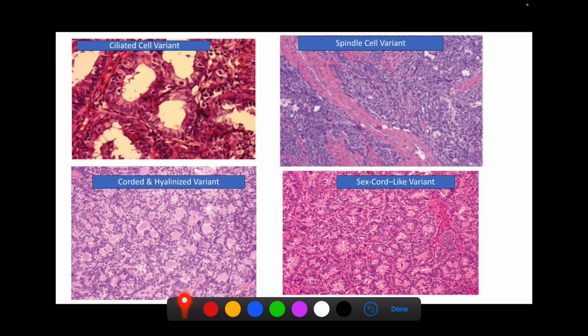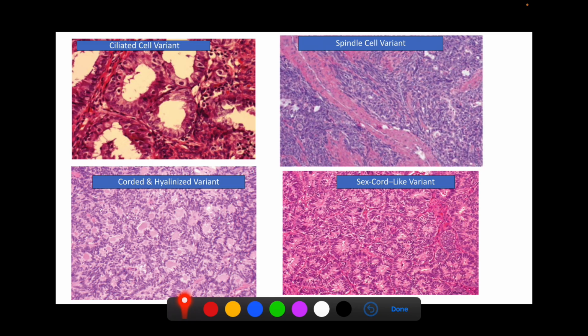So here are these four different variants. One is ciliated, where you can find cilia in the surrounding endometrioid glands. Here two components, a glandular component and spindle shaped fascicles, are present. So this is the spindle cell variant.